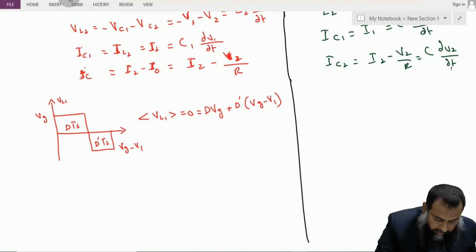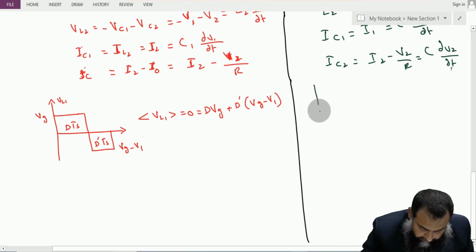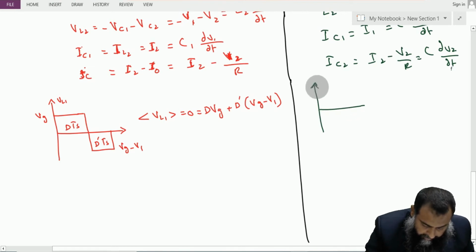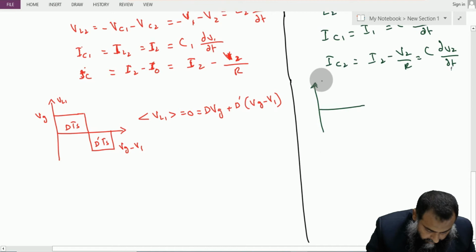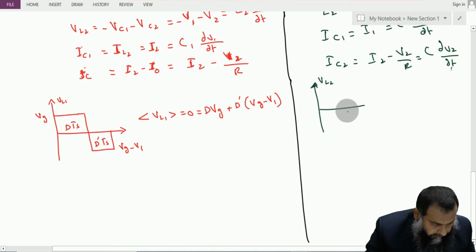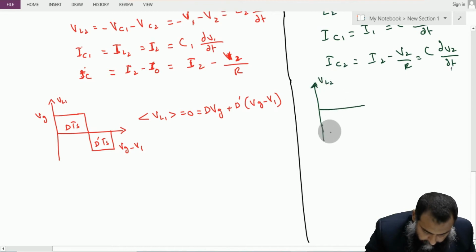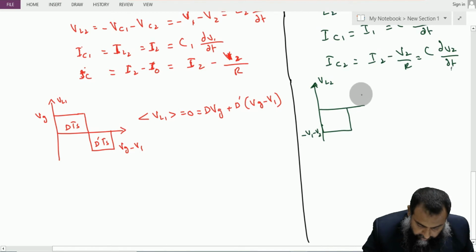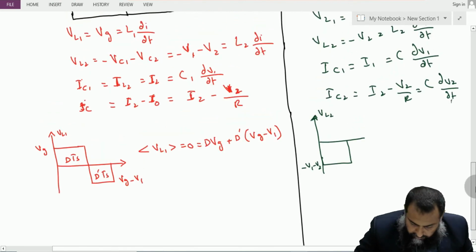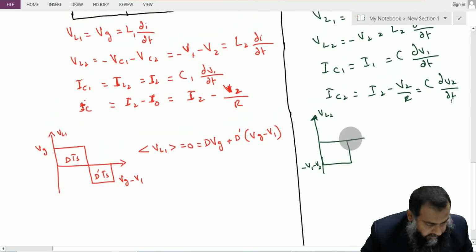Similarly, for this switch position number 2, for the inductor, VL2 is equal to minus V1 minus V2, and on the above side this VL2 is equal to minus V2.